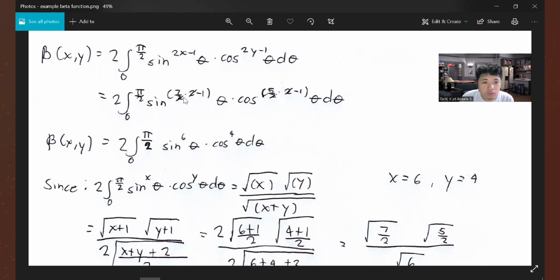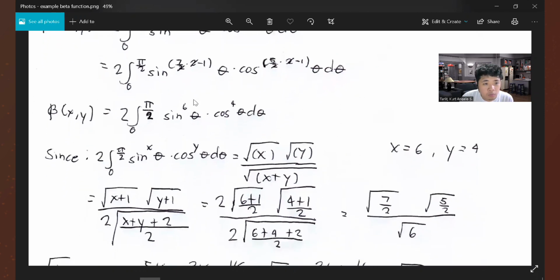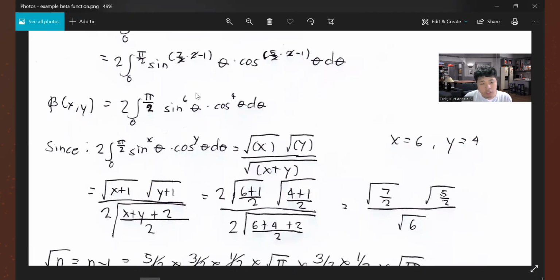Since the over 2 and 2 here are similar, we can cancel them out. After the cancellation, this is the answer that we get: 2 integral from 0 to pi over 2 of sine to the 6 theta times cosine to the 4 theta d theta.